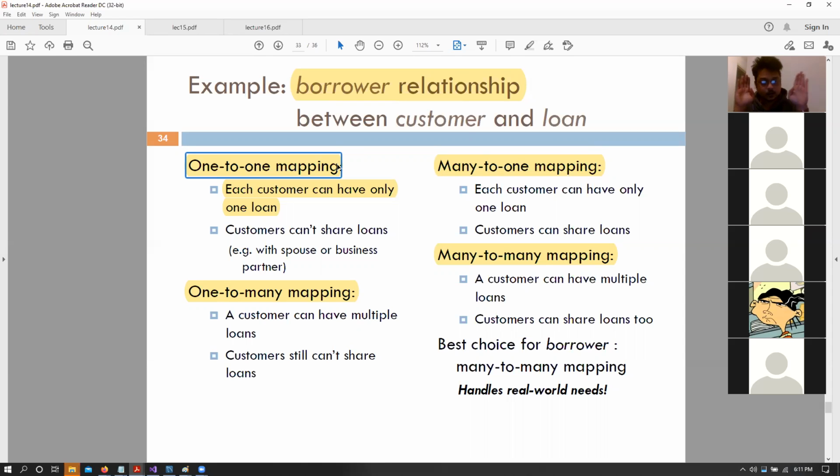Arrows will vary depending on the diagram. So if it is a one-to-one mapping, can you tell me where would the arrows be? Would it be towards the laptop? Would it be towards the user?